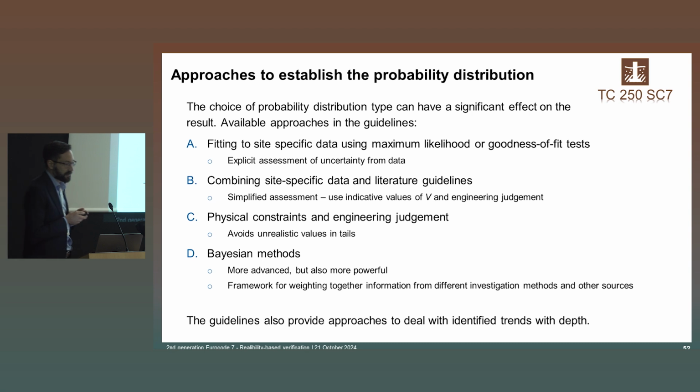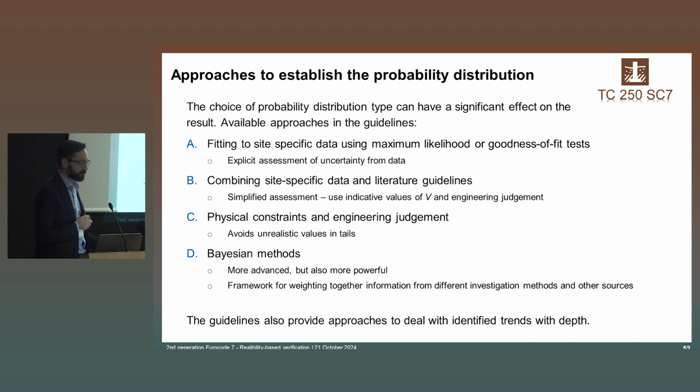So what happens in the guideline later on is that we have some different suggested approaches to establish which probability distribution you are looking at. Four of them here. You can fit distributions to site-specific data using statistical tools like maximum likelihood or goodness of fit tests.